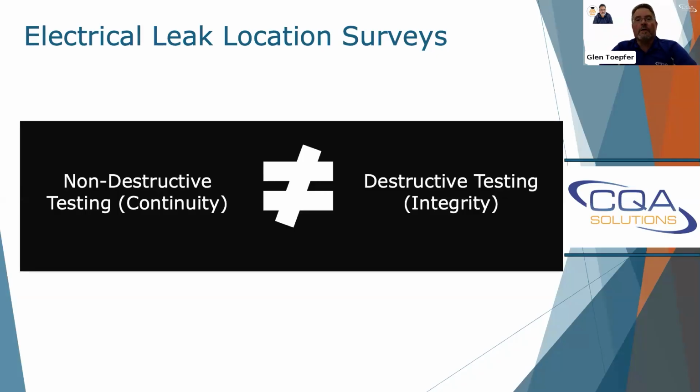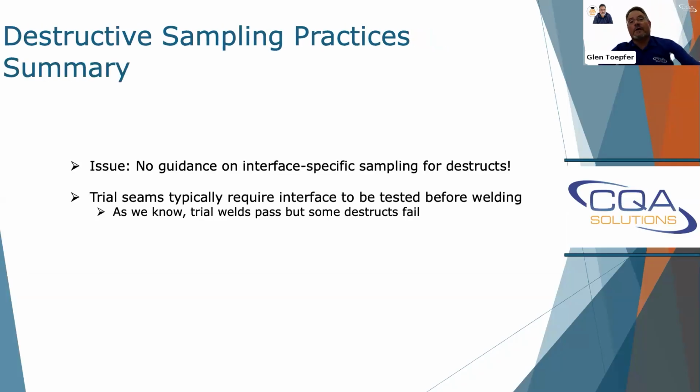So, all right, I got to get myself out of that rabbit hole here. All right, back to destructive sampling. So the practice summary: there is no guidance on interface-specific sampling. And trial seams, ironically, have guidance. Most of the CQA plans I see say that trial seams need to be tested per operator and machine combination per interface, your textured, your smooth interface.